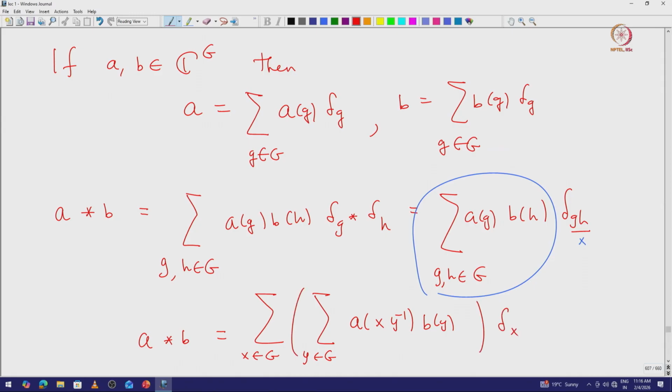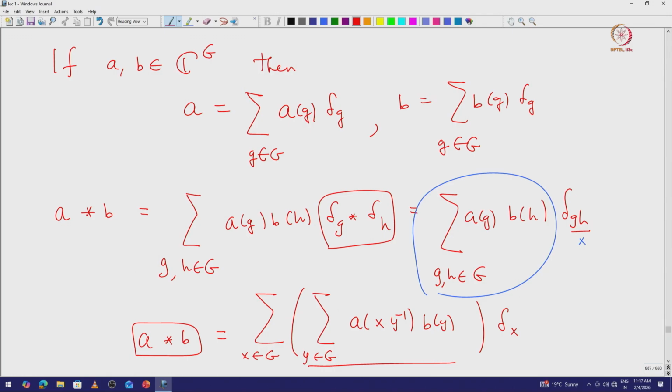The coefficient of delta x is exactly given by this a star b of x. So that is how we get the definition of a star b. This computation tells us that the convolution product of functions is indeed motivated from the group product among the group elements, and that is reflected in delta g and delta h.